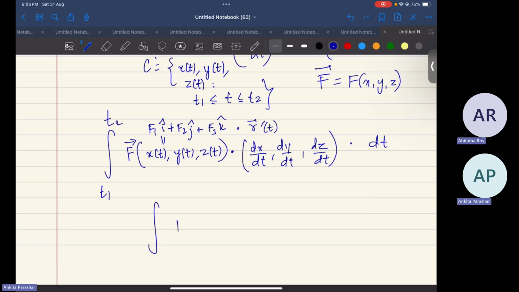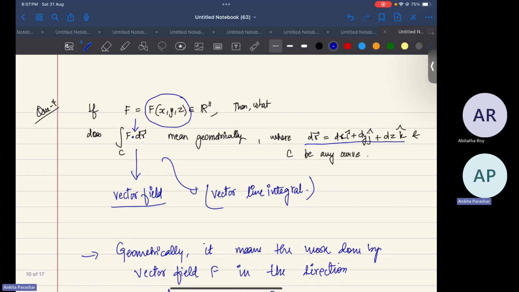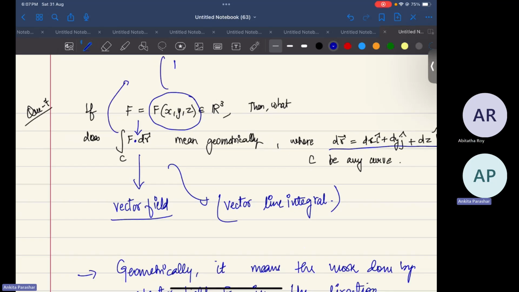So isn't it just f1 times dx by dt, f2 times dy by dt, f3 times dz by dt, and then the whole integral with dt over the limits.